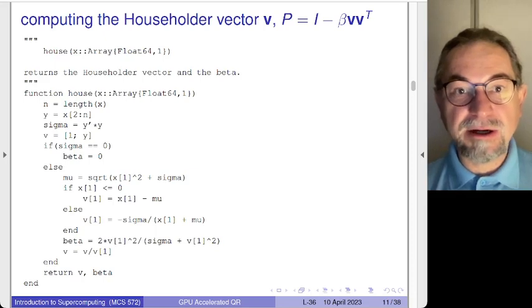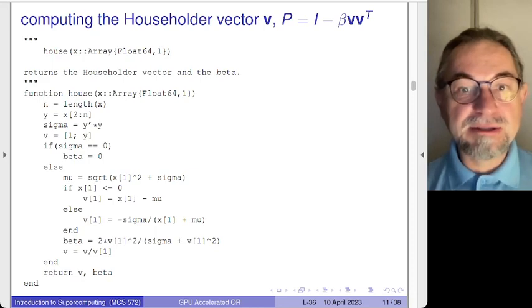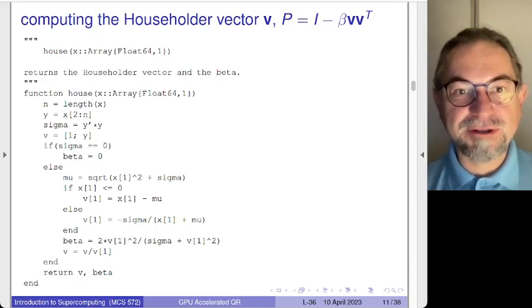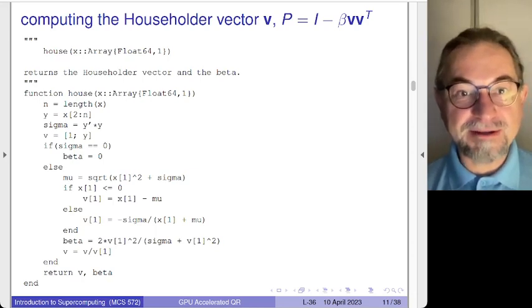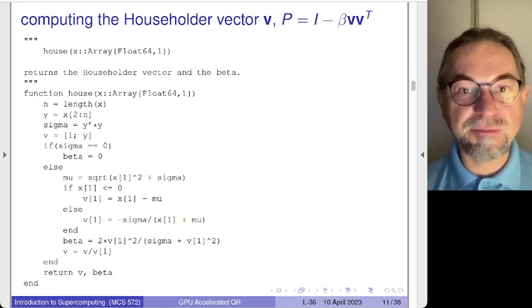The reflection operators are defined by a vector and a beta constant. Here is the code for defining both the vector v. So you see that we take a vector x, we select the y. The y is everything that is below. We compute the inner product.